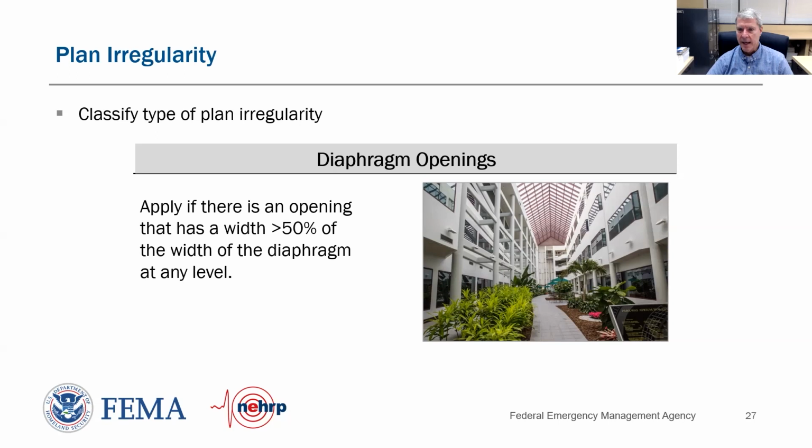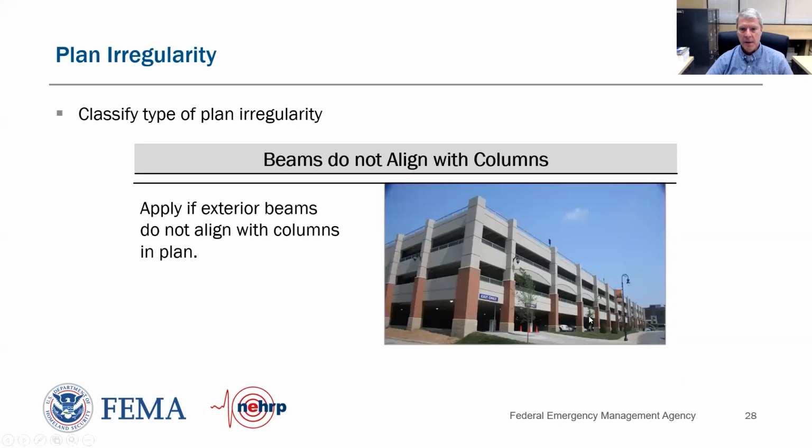So that's diaphragm opening. The last horizontal plan irregularity is what we call beams do not align with columns. Here's a photograph of a parking garage where the columns for the building are displaced outward from the beams. The beams do not frame into the center lines of the column. They frame into the inside edge of the column, with the column displaced outward.